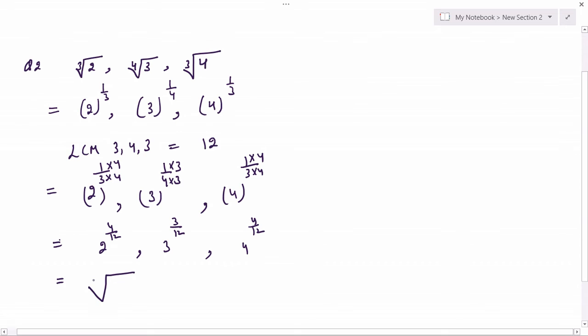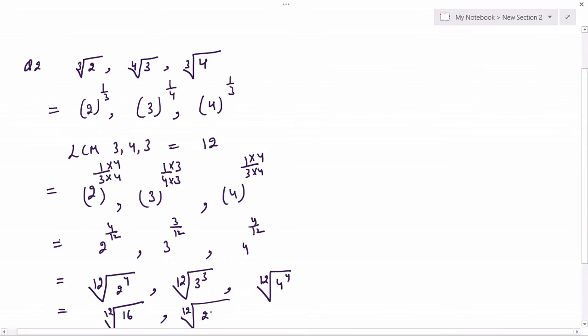In the simple way, you can now directly write the 12th root like this, because you have already done 2 or 3 questions. So now it is in your practice that you can skip one step and directly write like this, right? Now this is equal to 2 raised to power 4, which is 2 2s are 4, 4 2s are 8, 8 2s are 16. Now 3 3s are 9, 9 3s are 27, and the last one is 4 4s are 16 and 16 16s are 256.